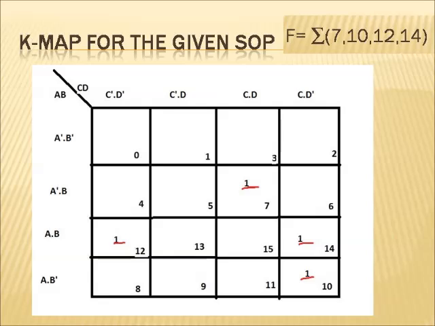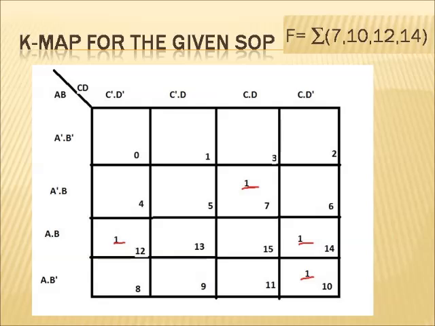Now see the K-map here. I have put the value 1 on the selected cells, that is on 7, then 10, 12 and 14, right? So from the cardinal expression it will be very easy for you to mark those values.